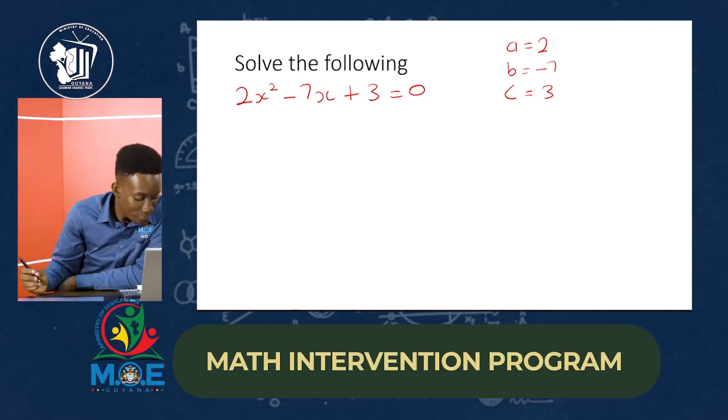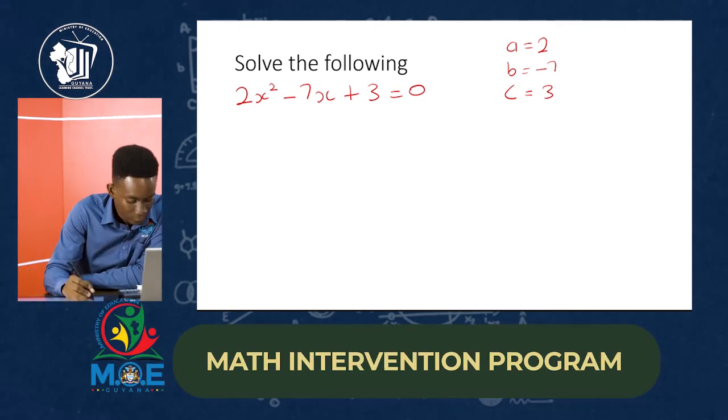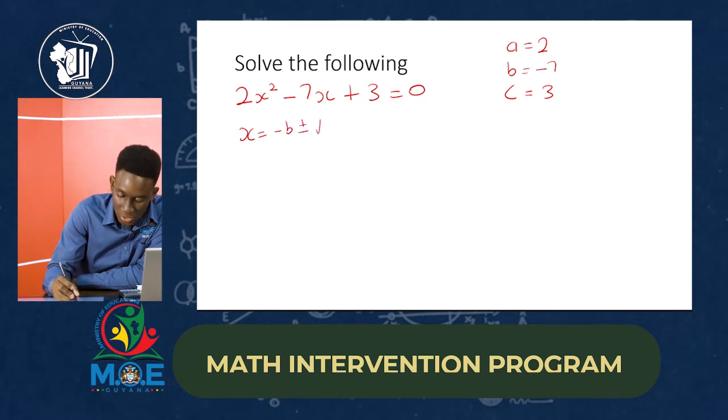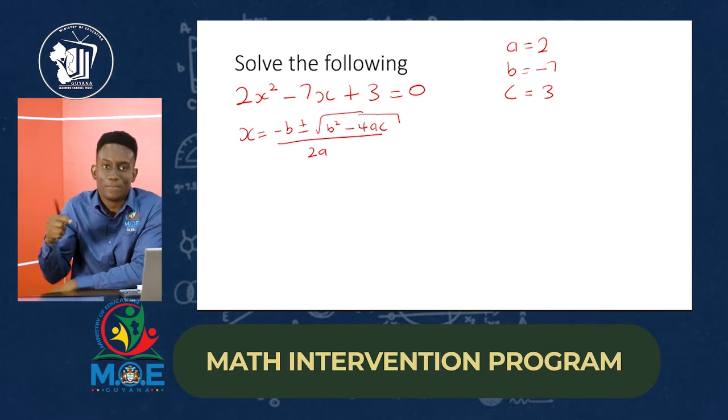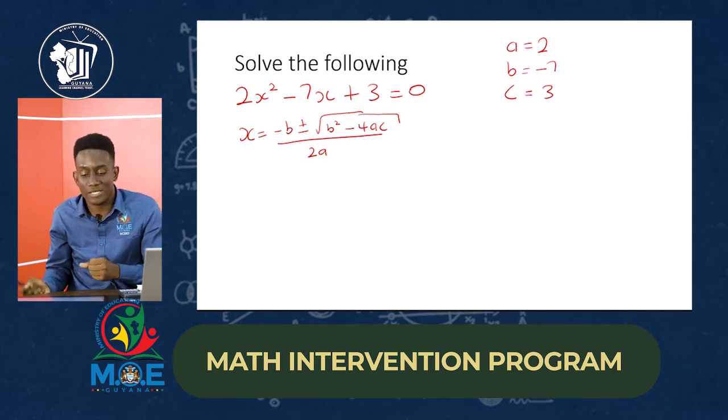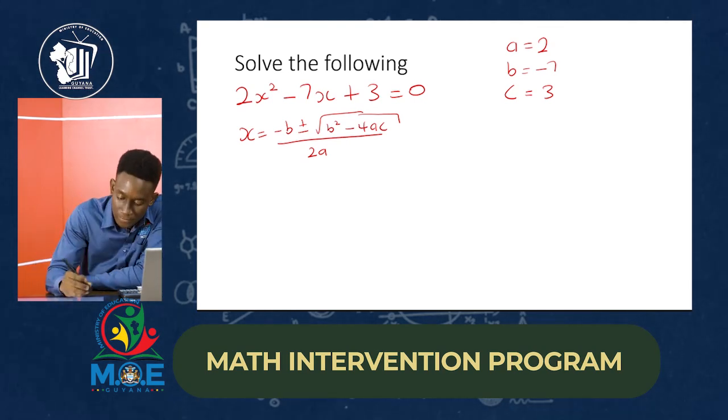Now let's put down the formula. The formula says x is equal to negative b plus or minus the square root of b squared minus 4ac, all divided by 2a. The big step is to substitute these values for a, b, and c into the formula.